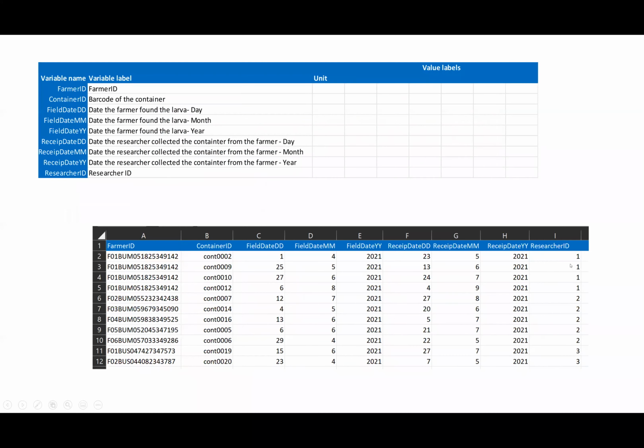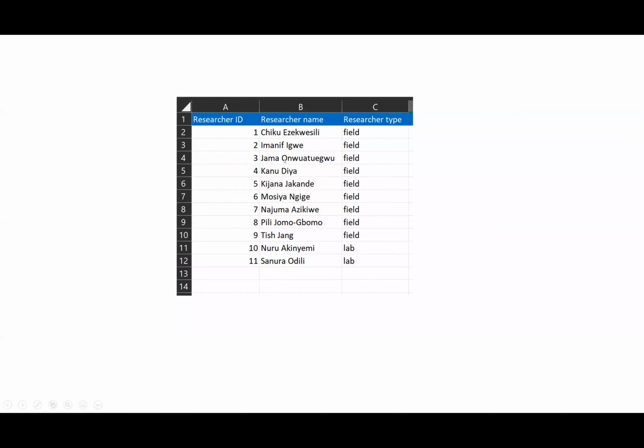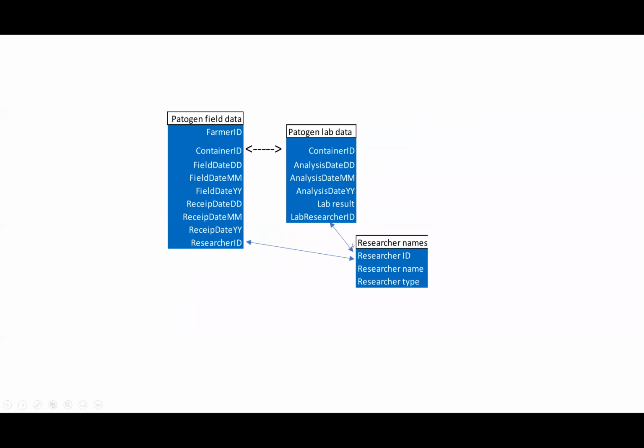And in this one, we should have codes that go from 1 to 9, because that is the way that it is classified in here. And they have a different relationship. Here, the key, the really important one, is container, although they kept farmer ID. And the container ID allows you to match the information from the field with information from the lab, and they are informed by the table with the ID.